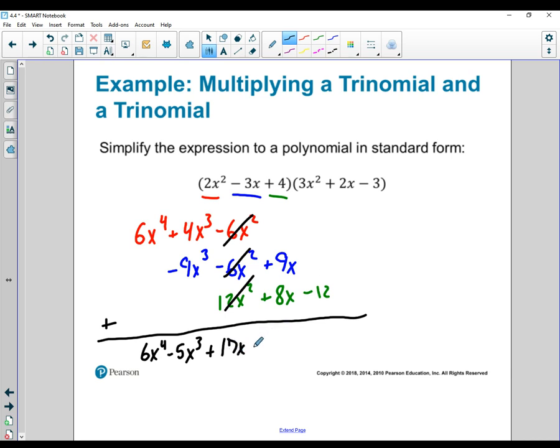And then just that minus 12 is by itself. And so this would be our final answer. And it's in standard form, right? Highest degree to lowest. So I'll leave that up there for a second in case anyone needs to finish writing or take a picture or whatever else you need to do.